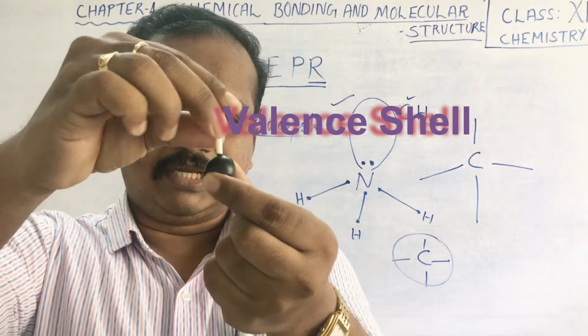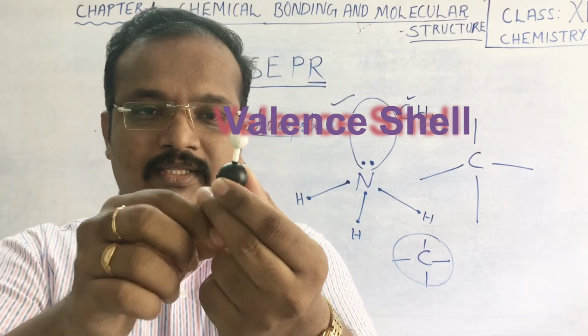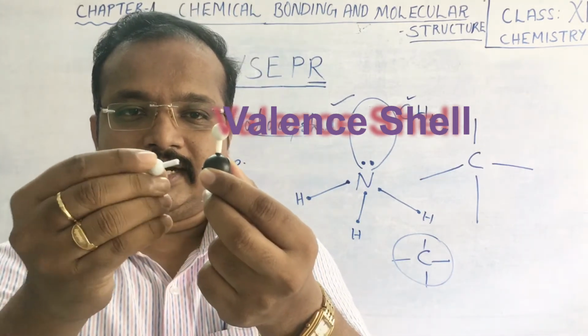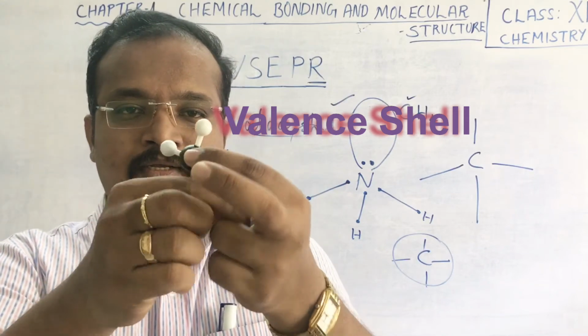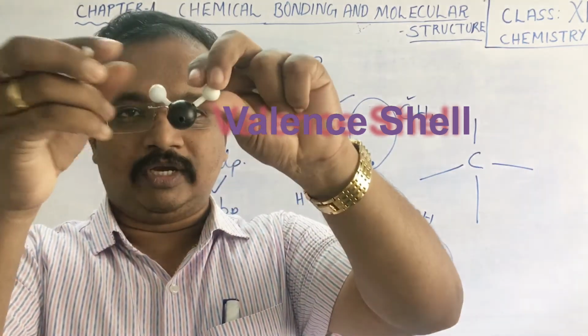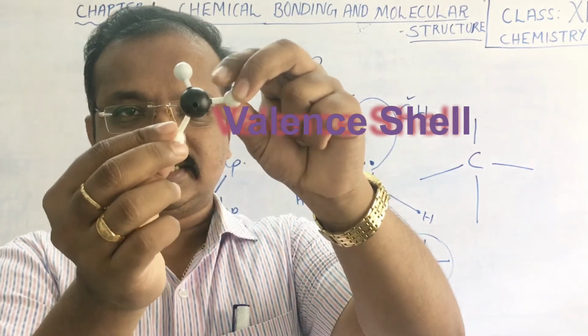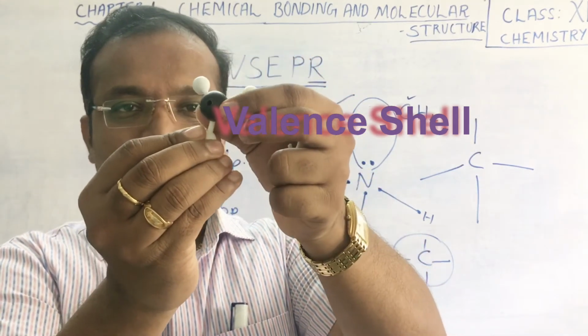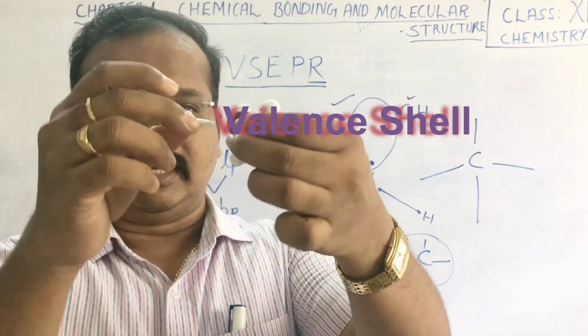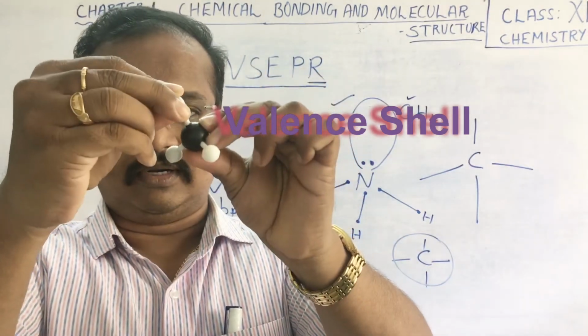One hydrogen I am placing over here, then another hydrogen over here. These two we have placed at the maximum distances, and this is another hydrogen I have placed. Finally I am putting one more hydrogen over here.